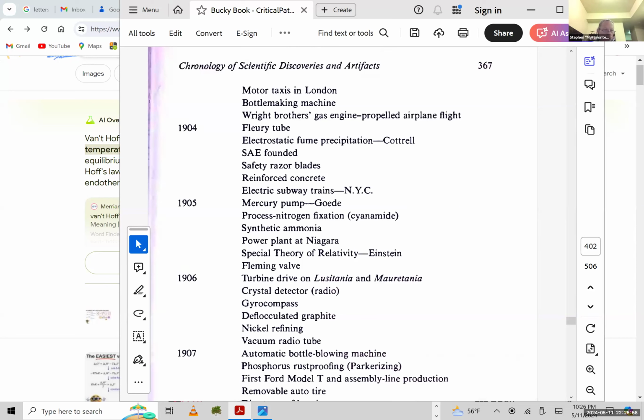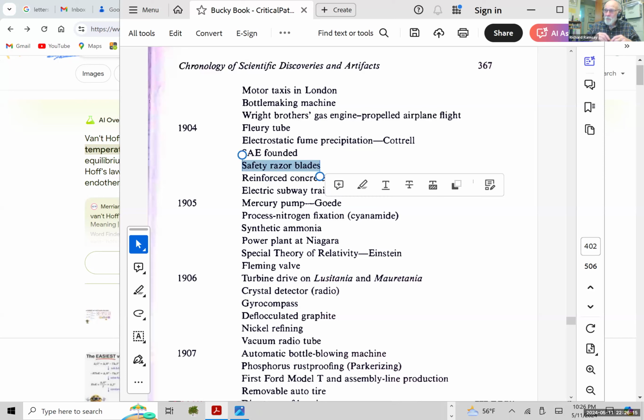In 1905 or 1904, my father was born, and so out of that group of items, I selected safety razor blades because I remember growing up in my family, my father used safety razors for shaving.